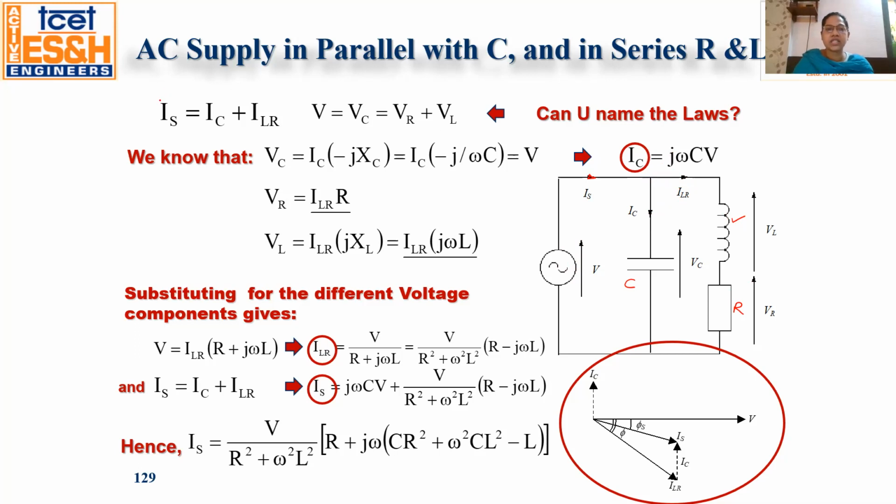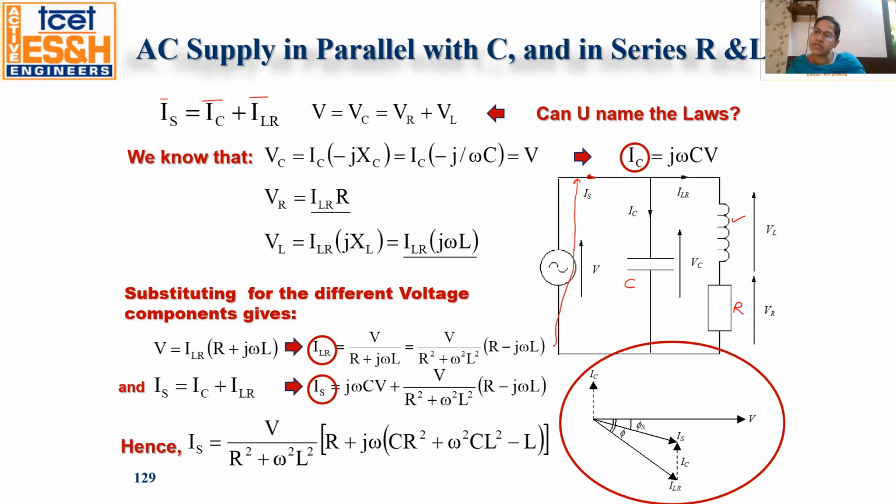So the two branch currents are divided. IS is calculated by the vector sum of IC plus ILR. And V is equal to VC because this is parallel.